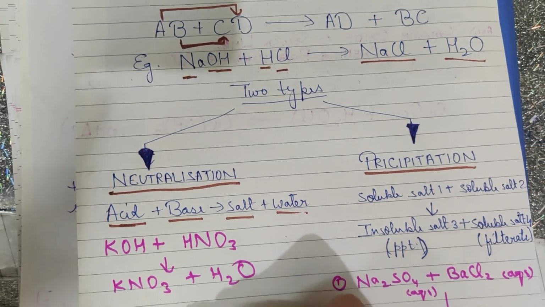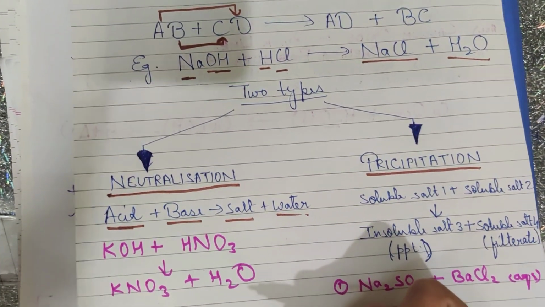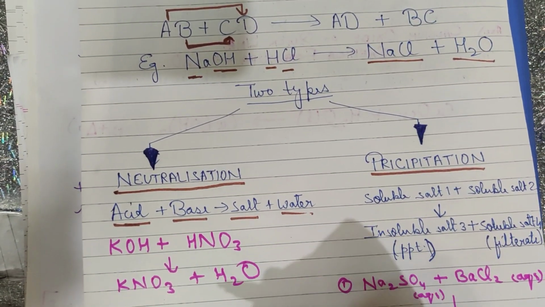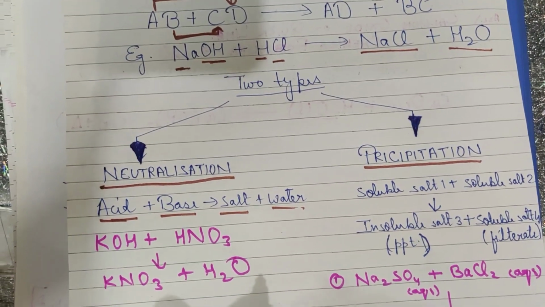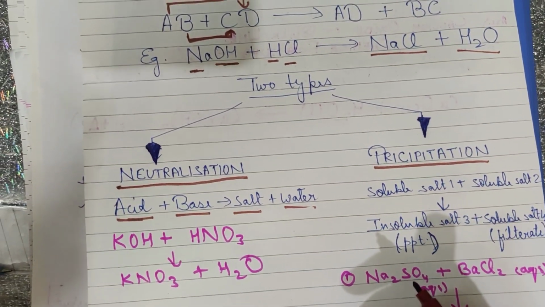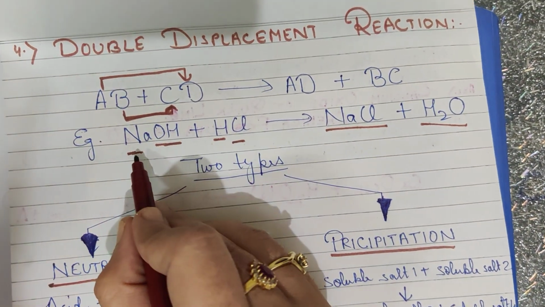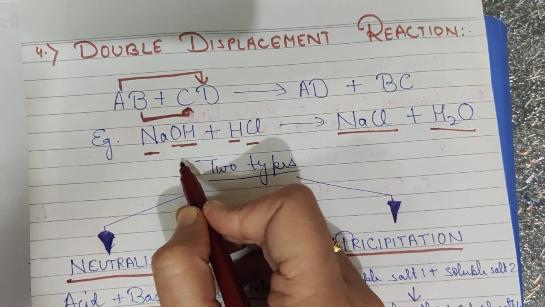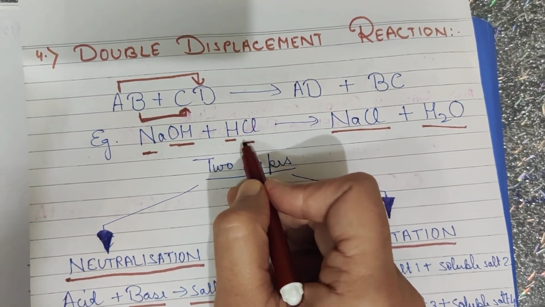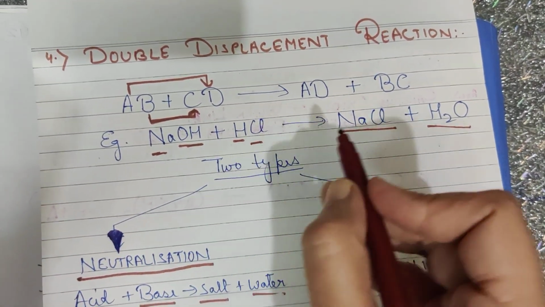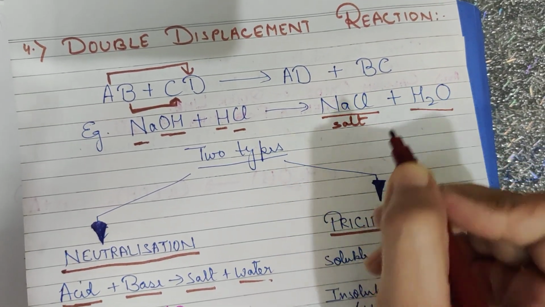So whenever an acid reacts with base, the product formed is always, means always, in all the cases, a salt and water. Like you saw this example here, NaOH, sodium hydroxide, is a base, and HCl, hydrochloric acid, is an acid. The two are reacting together to produce this NaCl, which is a salt, and water.